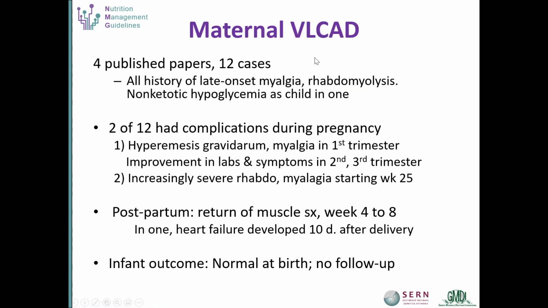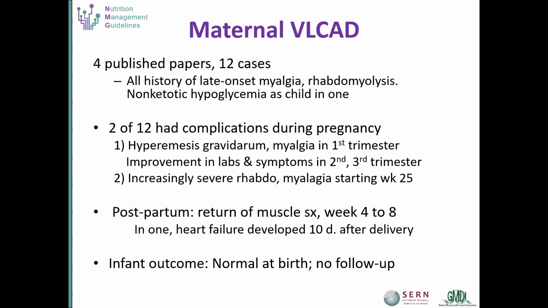So maternal VLCAD, there's very little in the literature. There's 4 published papers and 12 cases. All of these women had a history of muscle problems and rhabdomyolysis. One had a history of non-ketotic hypoglycemia episodes as a child.